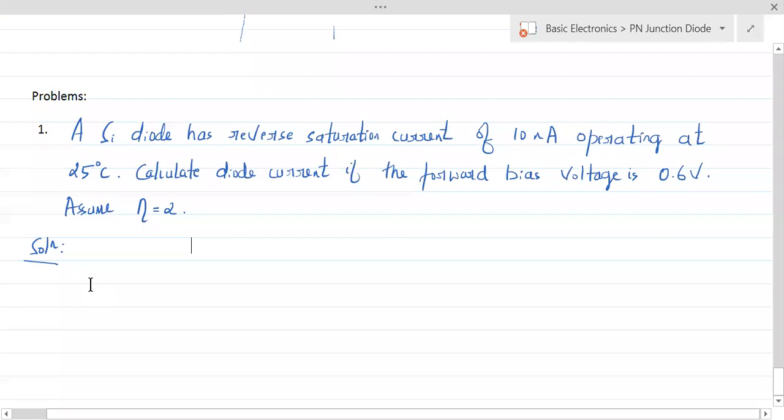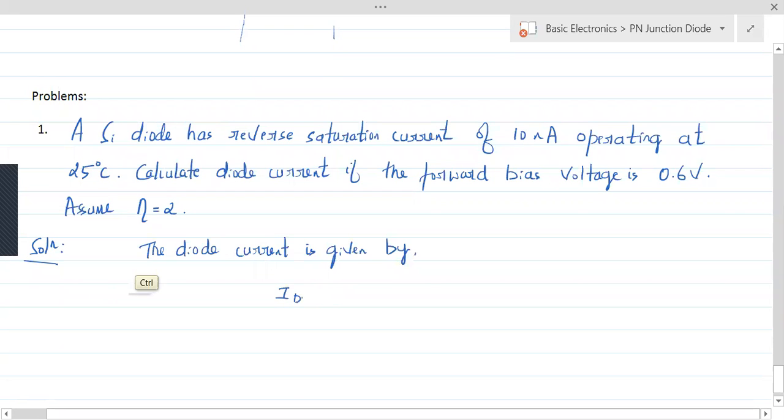How is the diode current given? Everybody, just take down this. The diode current is given by ID equal to the reverse saturation current IS into the exponential, e power K VD by TK, minus 1.